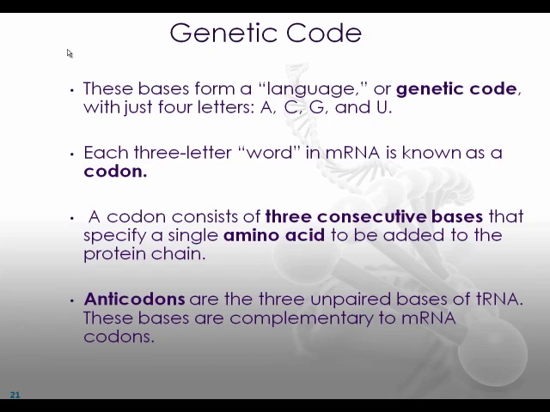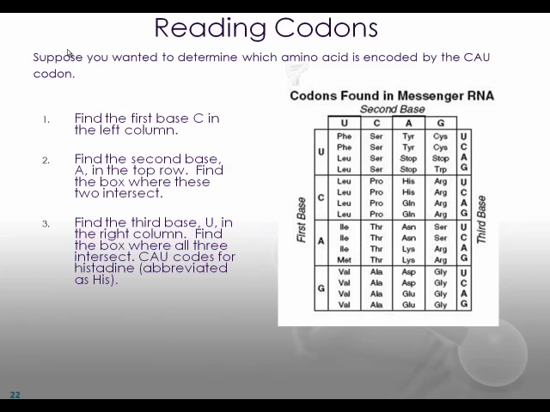Each 3-letter word in messenger RNA is known as a codon. A codon consists of 3 consecutive bases that specify a single amino acid to be added to the protein chain. Anticodons are the 3 unpaired bases of transfer RNA. These bases are complementary to messenger RNA.